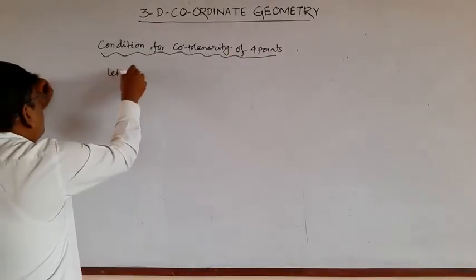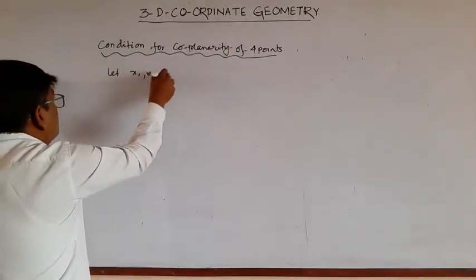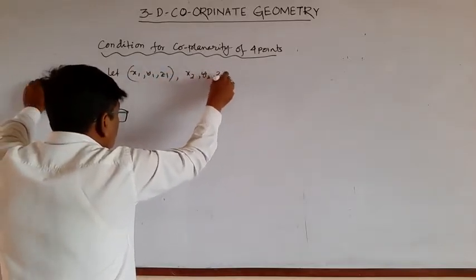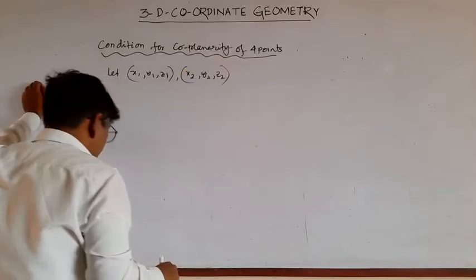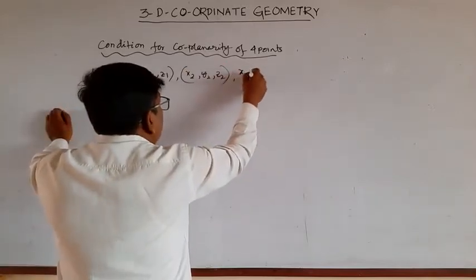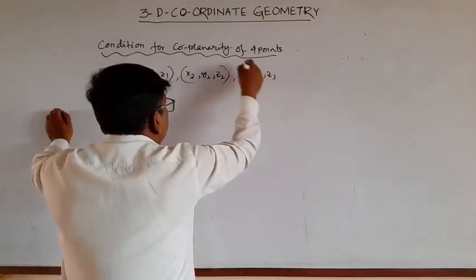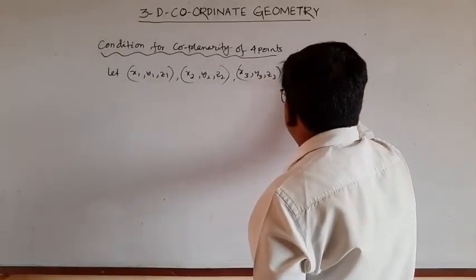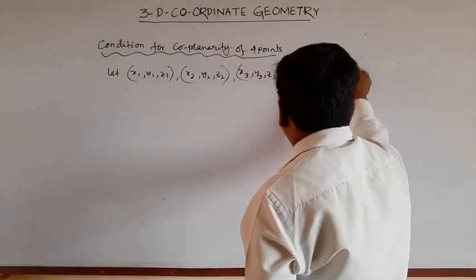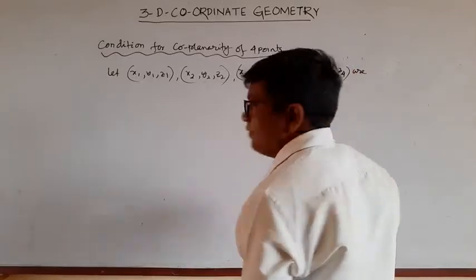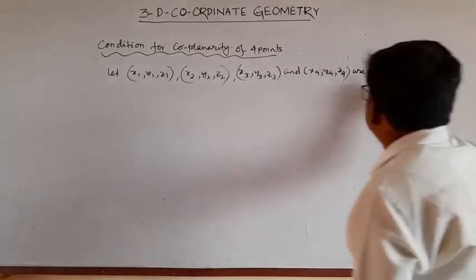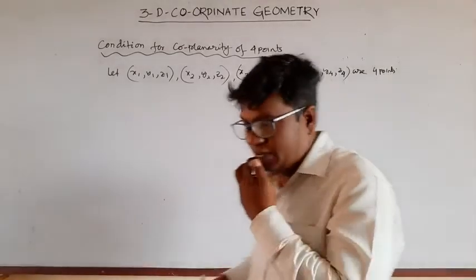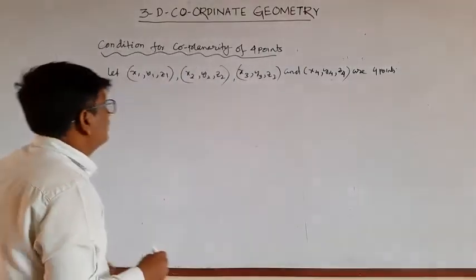Let x1, y1, z1, x2, y2, z2, x3, y3, z3 and x4, y4, z4 be 4 points.